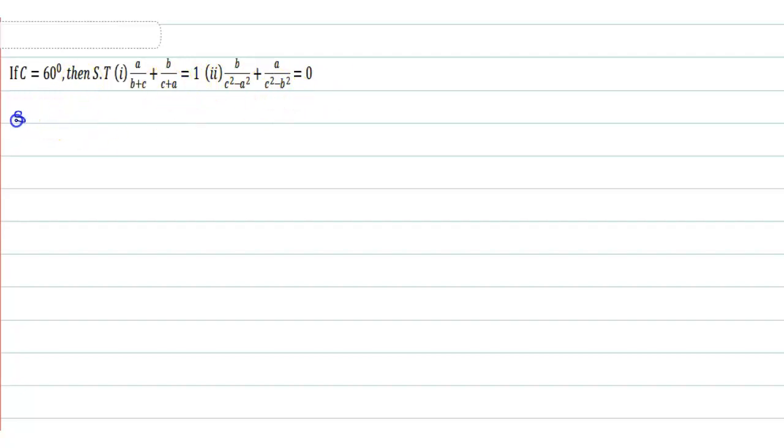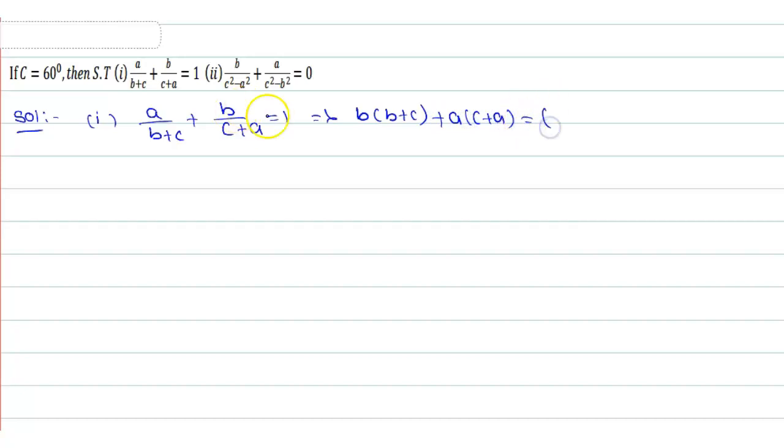Okay, right. Now I am taking the first question's solution. I am taking a by (b plus c) plus b by (c plus a) is equal to 1. So here what I am doing is cross multiplying by taking LCM. So b into (b plus c) plus a into (c plus a) is equal to, cross multiplying, the denominator part (b plus c) into (c plus a).